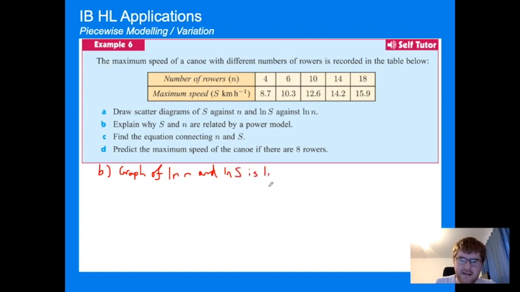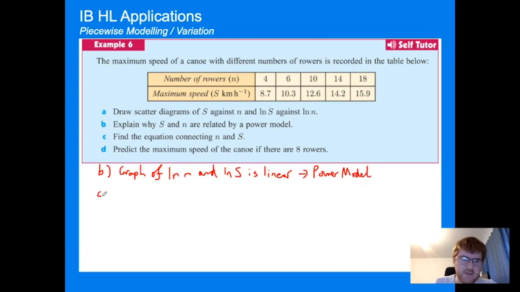And if ln S and ln N are linear, therefore it's a power model. And we'll look in the second video on when, say, S and ln N or N and ln S are linear, then it gives you a different kind of model. And this is what we're building up towards.